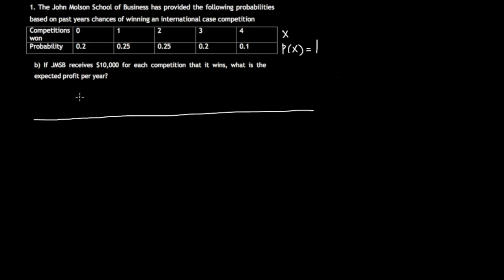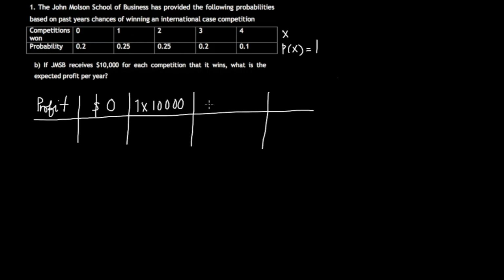So instead of having the competitions won on top, we could have the profit received, right? So if we know that we receive $10,000 for each competition that we win, here we would have $0 because we didn't win any competitions. Here we would have 1 competition times the $10,000, so a total of $10,000.